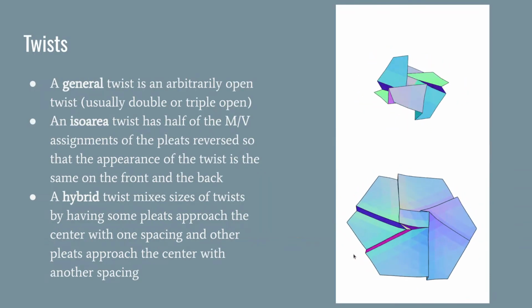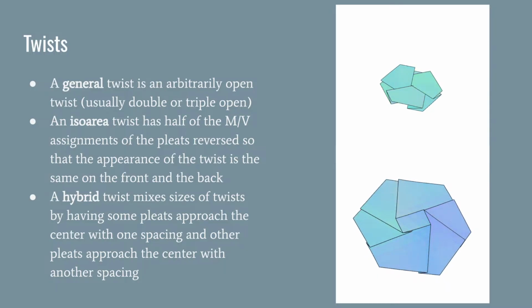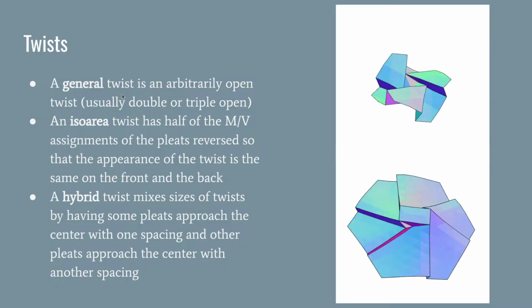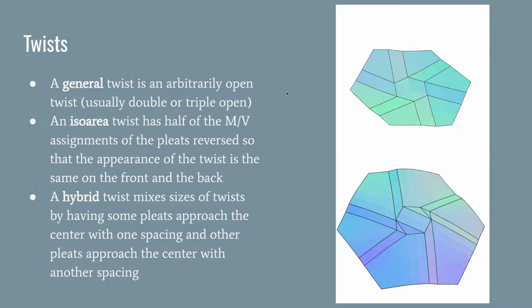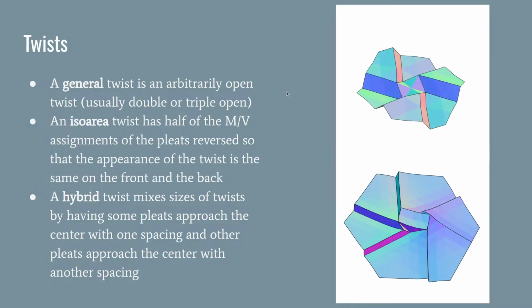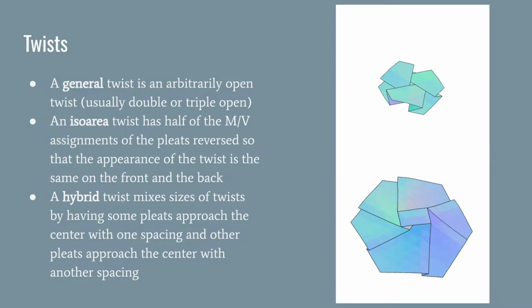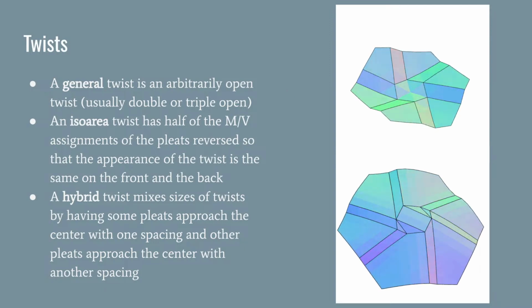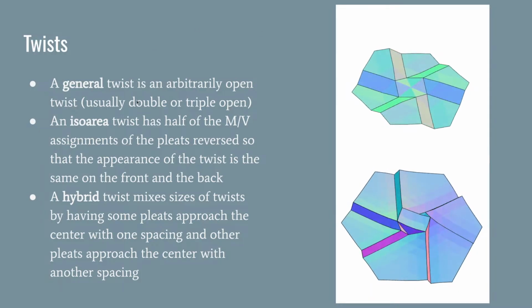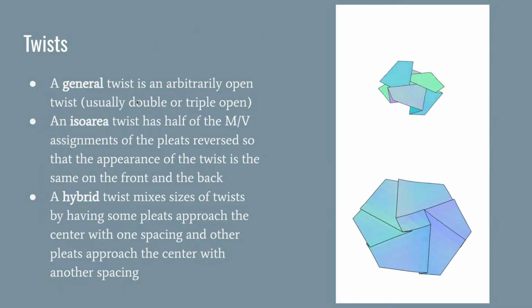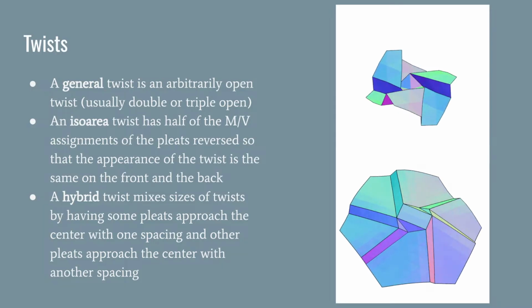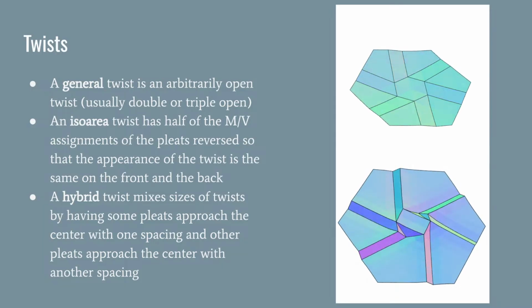And then there's some special kinds of twists. A general twist is an arbitrarily open twist. Like if you can fold a hexagon twist, you usually start with a closed hexagon or an open hexagon. A general twist would be saying, okay, here's the principles of hexagon twists, and I expect you can fold any size of hexagon twist.